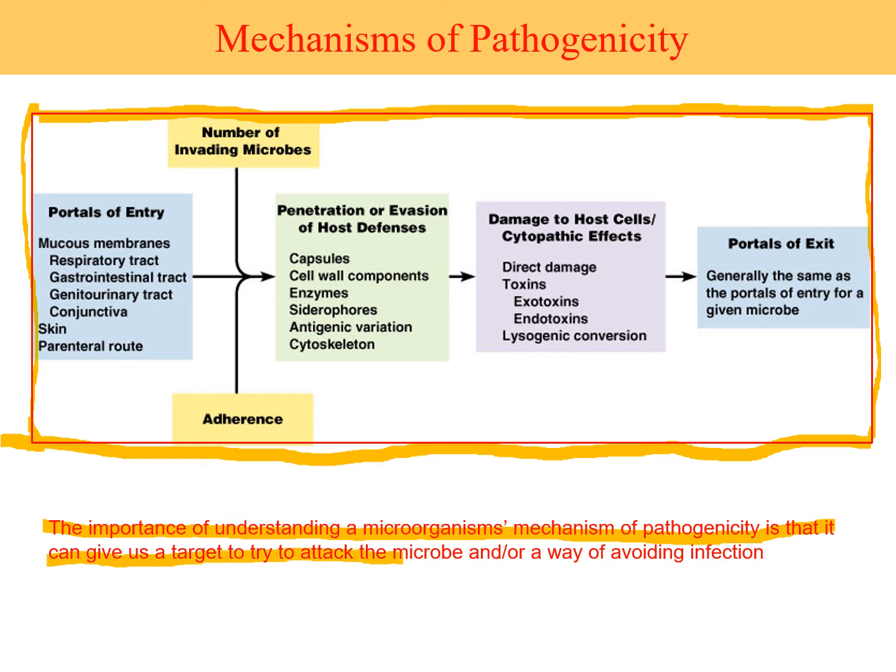If we can pinpoint one key mechanism, then we can target and attack that microorganism, prevent infection, or at the minimum understand a way of avoiding infection, if you understand portal of entry, portal of exit, etc. So that's it for lecture 15, microbiology, mechanisms of pathogenicity, a very important concept overall.